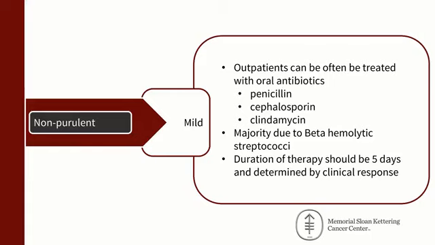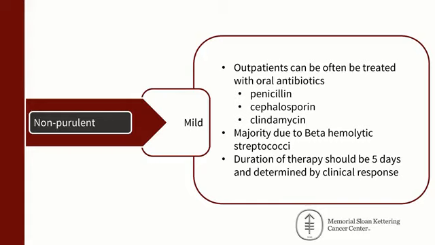Beta-hemolytic streptococci account for the majority of infections and therefore dictate which agents can be used for empiric coverage. As a consequence, most outpatients with non-purulent cellulitis or erysipelas can be treated with an orally administered penicillin or cephalosporin, or, if penicillin allergic, clindamycin can be used as an alternative.